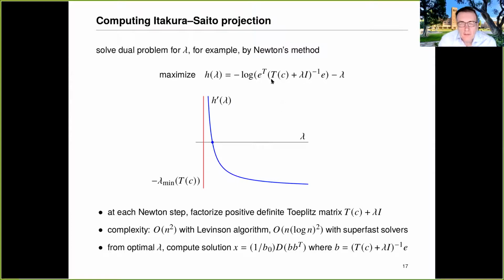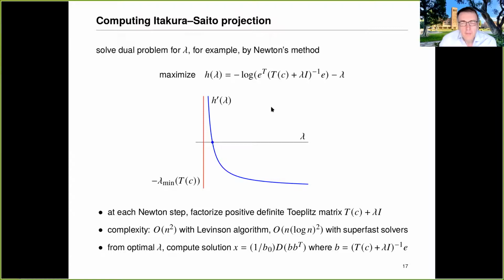And to compute the derivatives, we have to evaluate the cost function, we have to compute this 1, 1 element of the inverse of this Toeplitz matrix as a function of the scalar variable lambda. And that can be done by Cholesky factorization of this positive definite Toeplitz matrix.